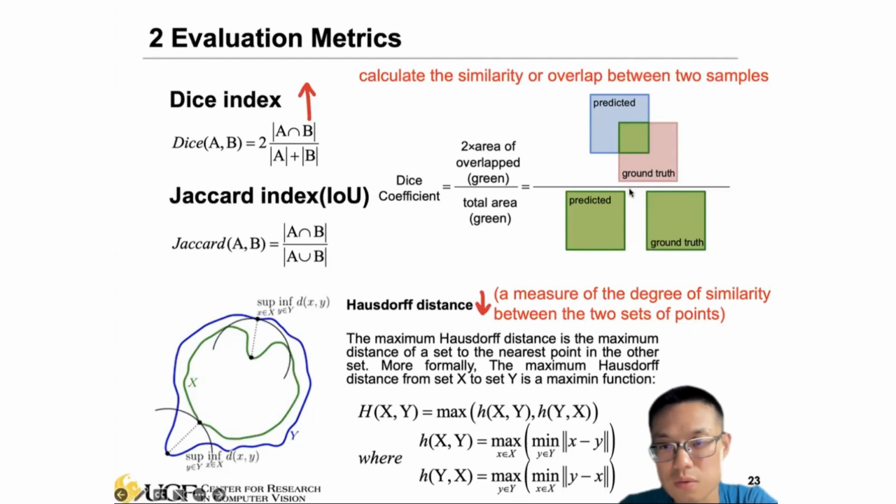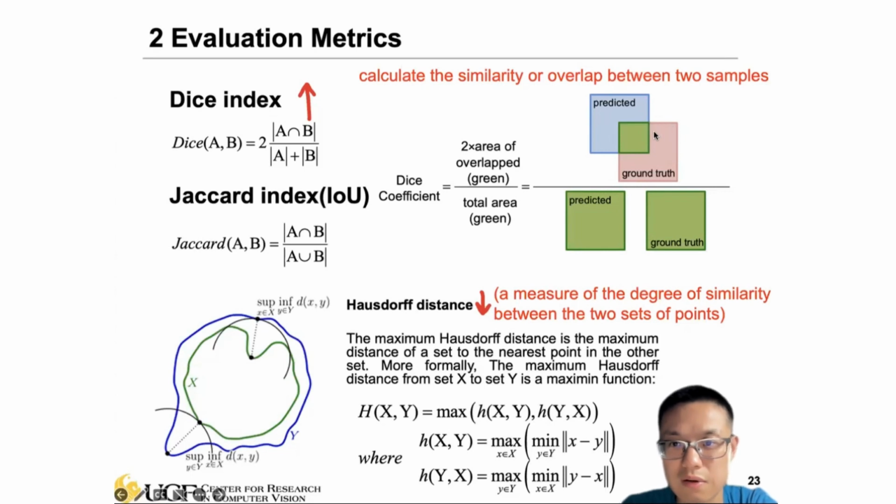So the reason we also want to consider the union is because, let's say your prediction is correct, right? You have a large overlap with the ground truth, basically you are covering the entire ground truth, but you have some extra prediction there.